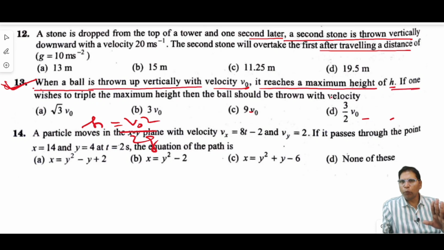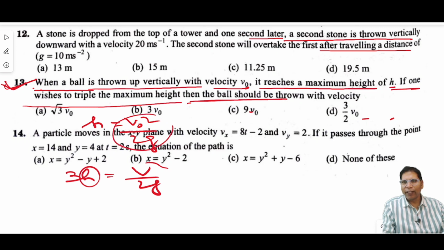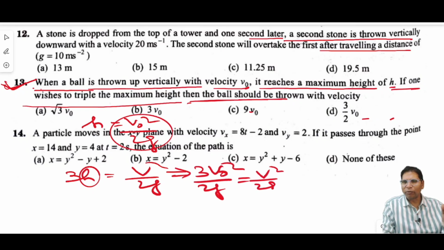Now if one wishes to triple the maximum height, then the ball should be thrown with what velocity? Now 3h equals v square by 2g. Now put this h from here: 3 v0 square by 2g equals v square by 2g.